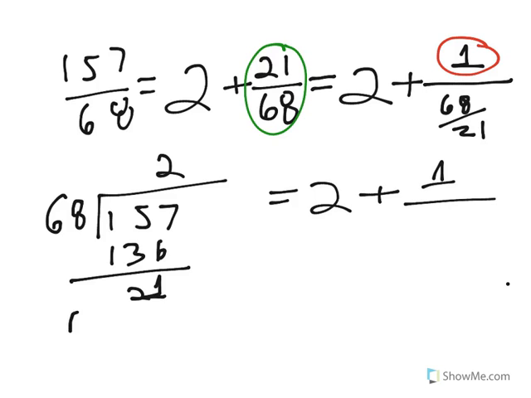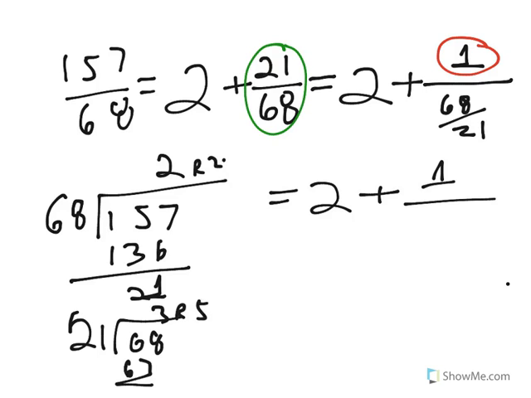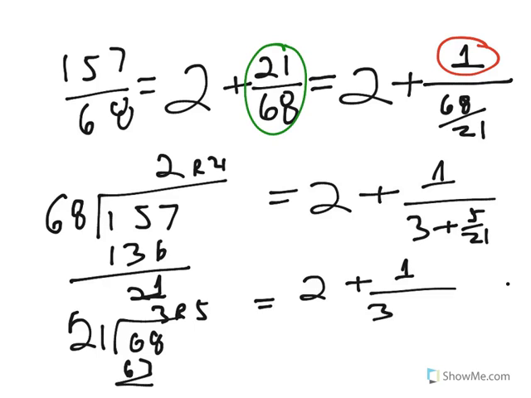So on the side, I can do 21 into 68 and get 3 remainder 5. So I get 3 plus 5 over 21. Now I take the 5 over 21 and rewrite that as 1 over 21 over 5.